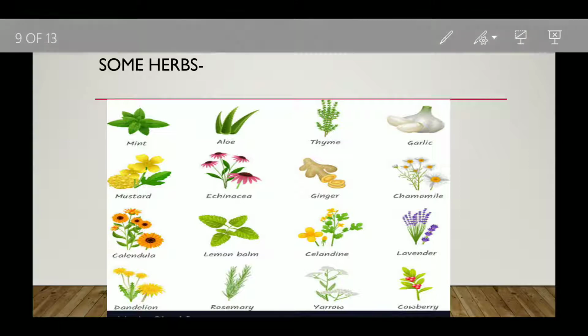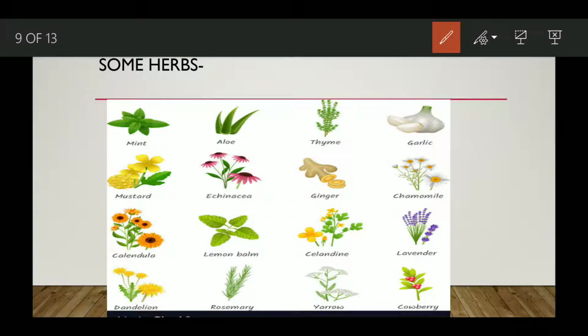Here some more examples of herbs are given: mint, aloe vera, thyme, garlic, mustard, ginger, and lavender. You can see that all these plants have very thin and soft stems.